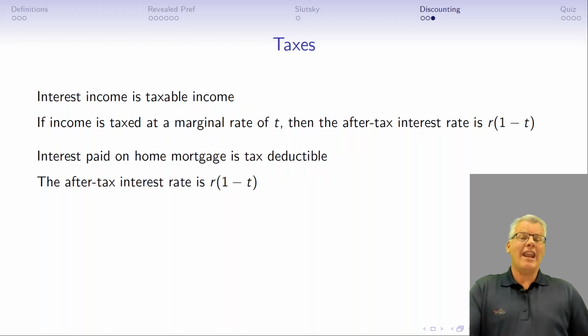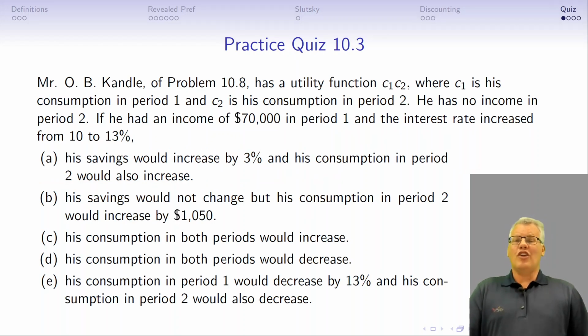That means your net expenditure is really $750. So the after-tax interest rate, at least on mortgage interest paid, is also the interest rate times 1 minus the marginal tax rate. On to the quiz.